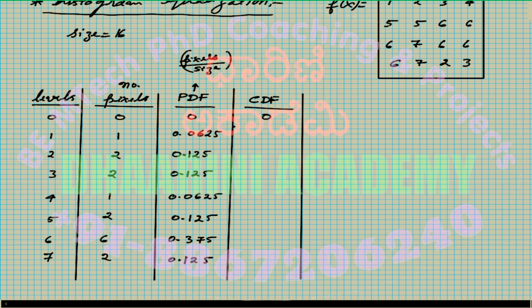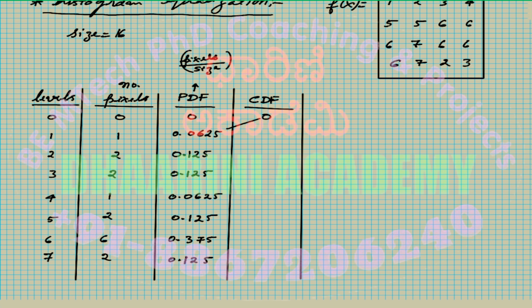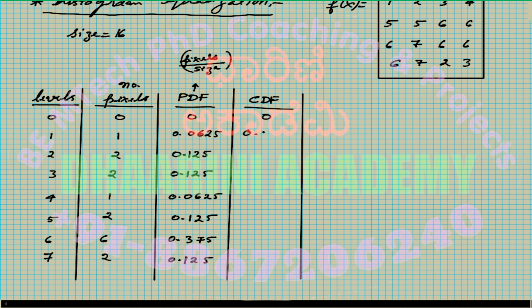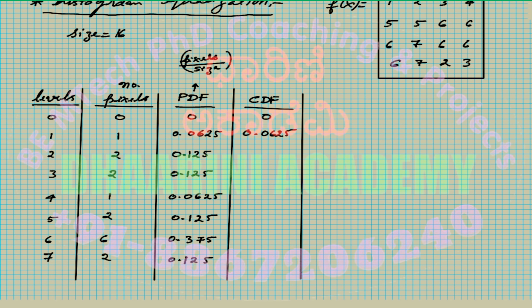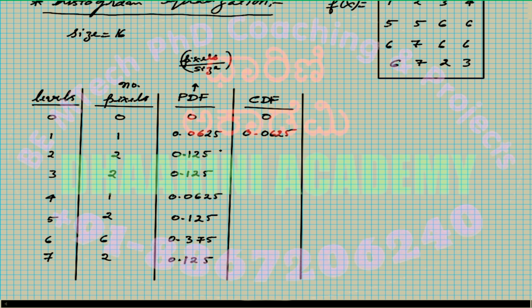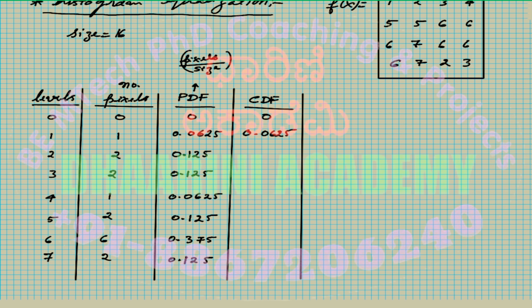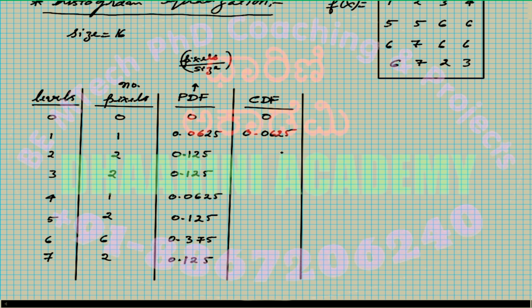But the next value is this plus this, right? 0 plus 0.0625 gives you 0.0625. The next value will be 0.0625 plus the next entry in the previous column. That is, I have to add 0.125 to get the answer in this column. Okay, so that comes to be 0.1875.